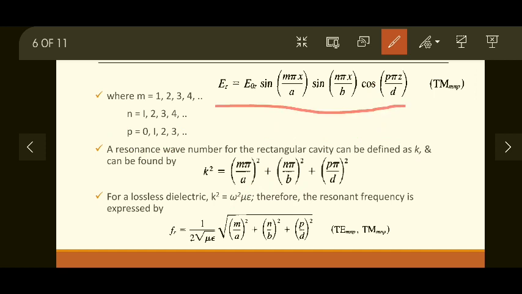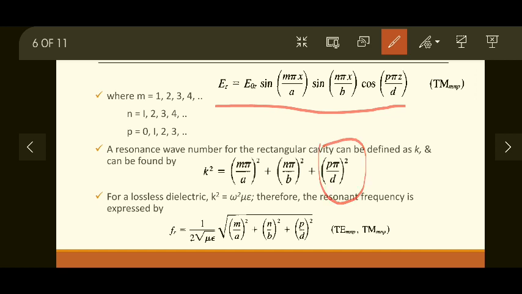A resonance wave number for the rectangular waveguide or rectangular cavity can be defined as k, similar to a waveguide, and it can be found by the same formula: k square is equal to (m pi by a) square plus (n pi by b) square plus (p pi by d) square. Here the third dimension is also added.